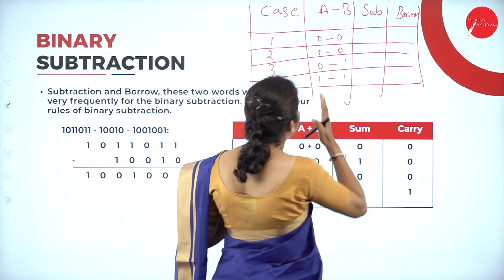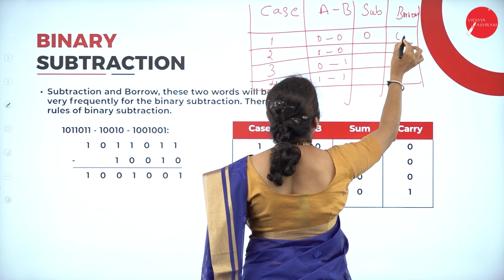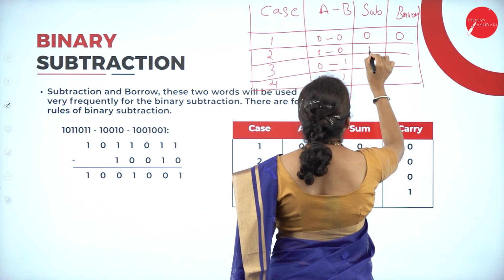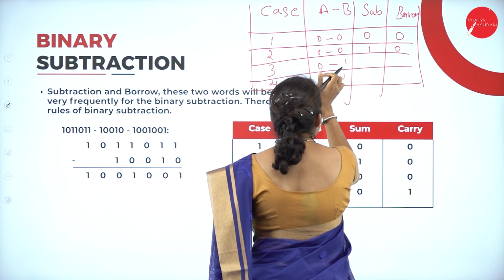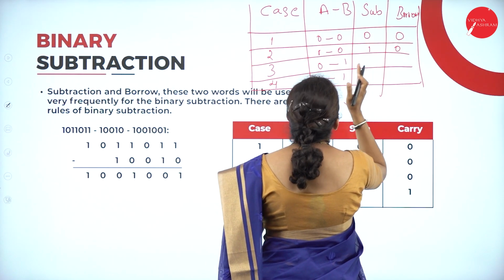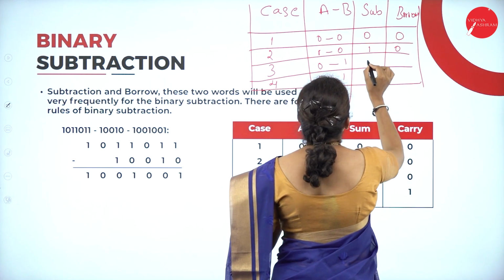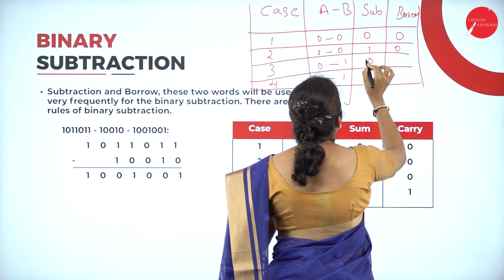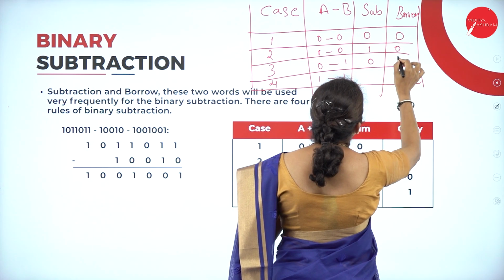Dear students, if this is the case, 0 minus 0, then subtraction is 0, borrow is 0. If 1 minus 0, then it is 1, borrow is 0. If the case is 0 minus 1, please remember, then the subtraction is 0 and borrow is 1.